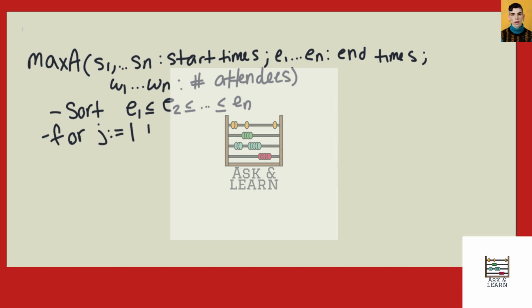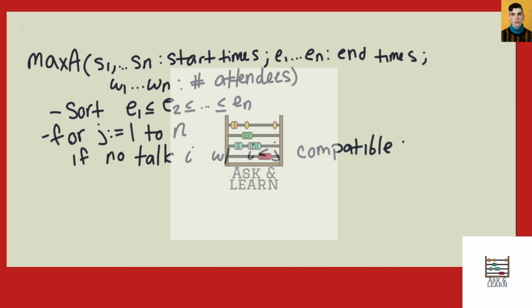So we express that by saying for j that runs from 1 to n, if there is no talk i, with i less than j, that is compatible with talk j, then we're going to set p of j equal to 0.